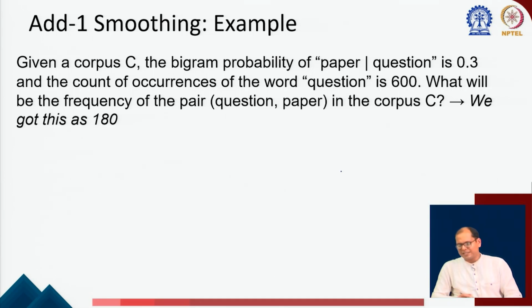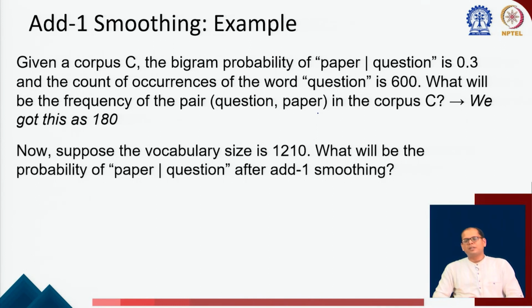So an example, same example as the last class. We found the frequency of question paper as 180 in the corpus C. Now suppose we are given another information that the vocabulary size is 1210. So V is 1210, and what would be the probability of paper given question after add-one smoothing?